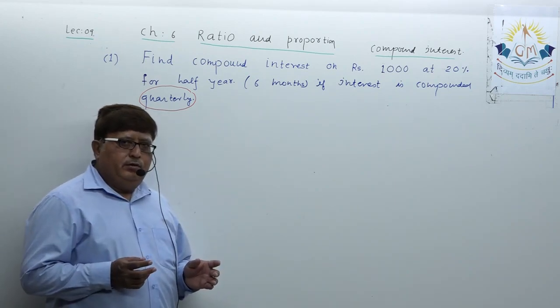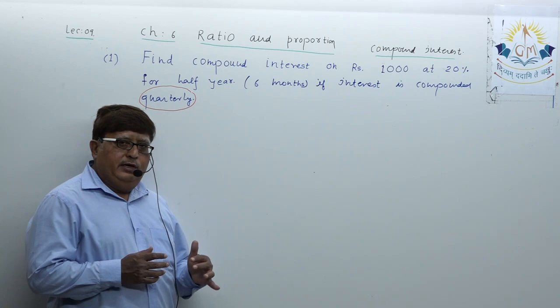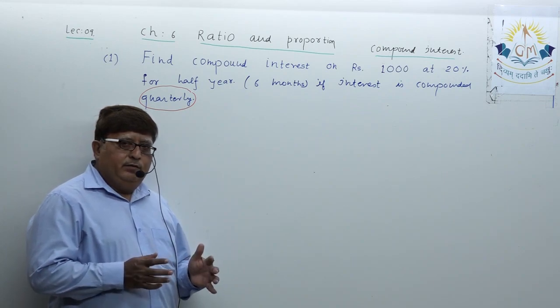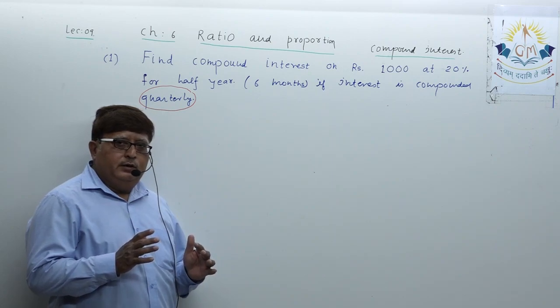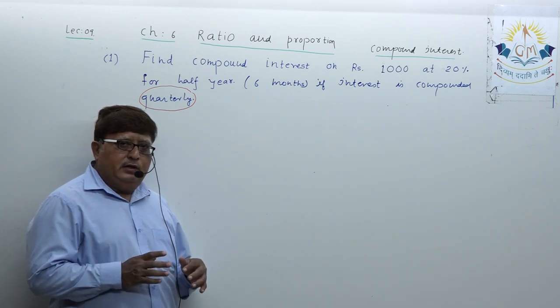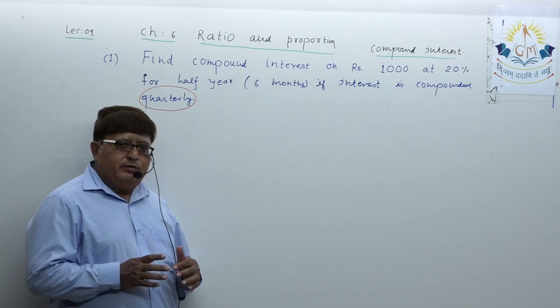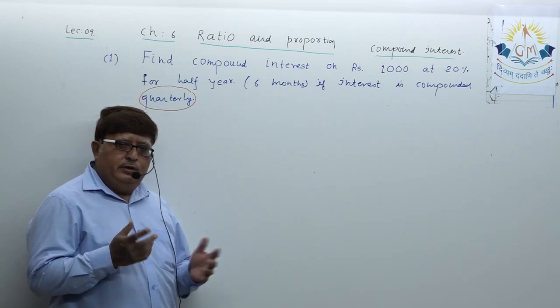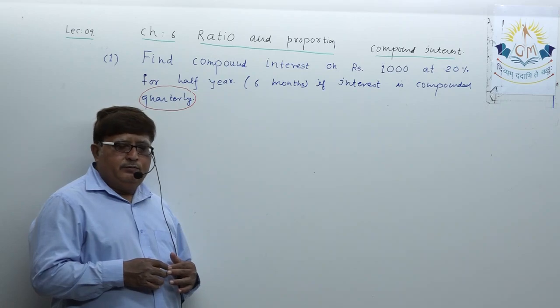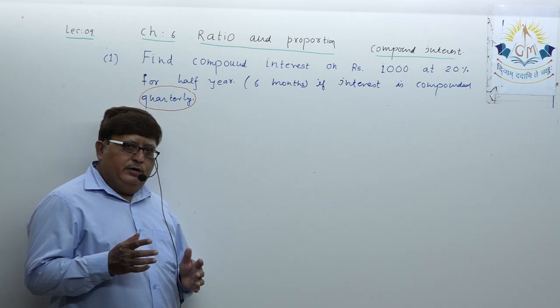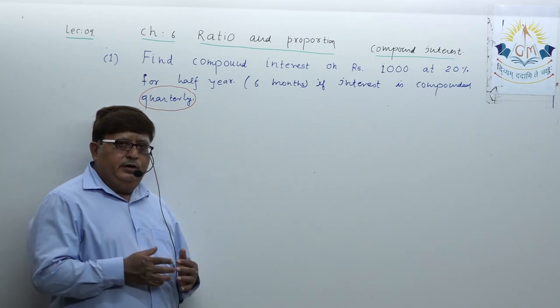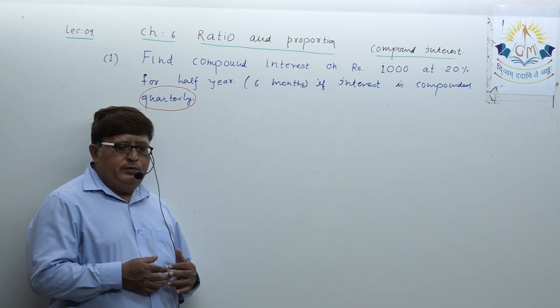Now, as I told you in our previous two lectures also, whenever you come across an example to find compound interest, the last word is a highlighter of the sum. Either interest is compounded annually, different example. Either interest is compounded half yearly, entirely different example.